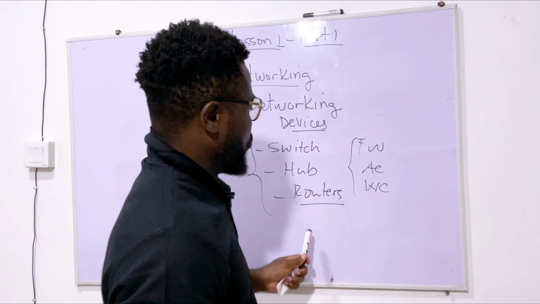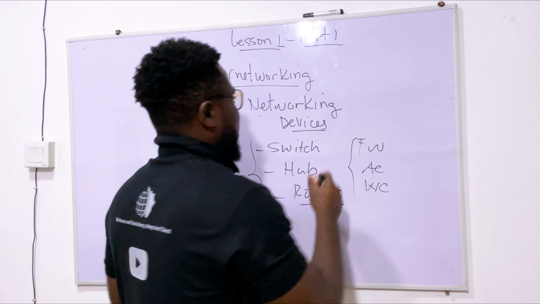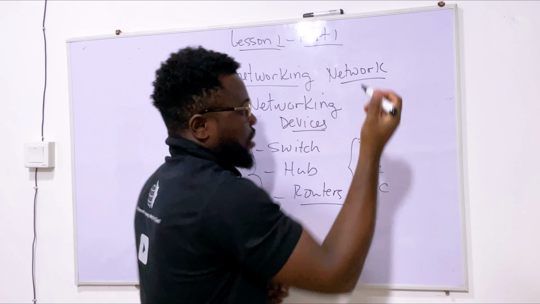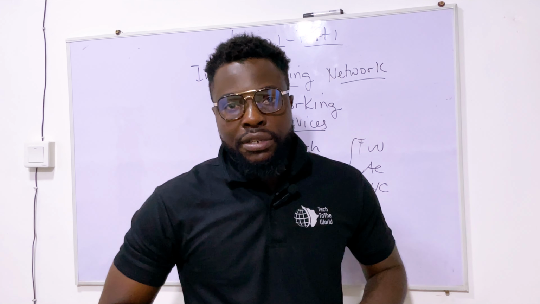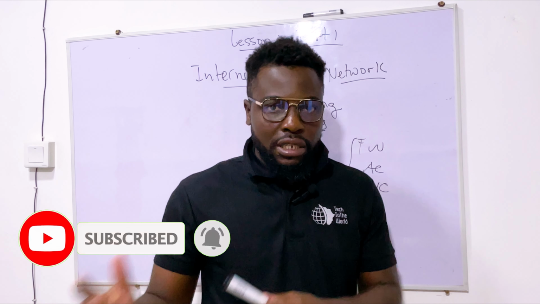But before we move on to these 3 devices, we have to define what a network is. This is very basic, because you can find a definition everywhere. When you Google it, you'll get a definition.